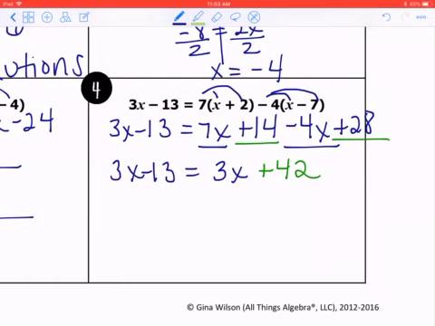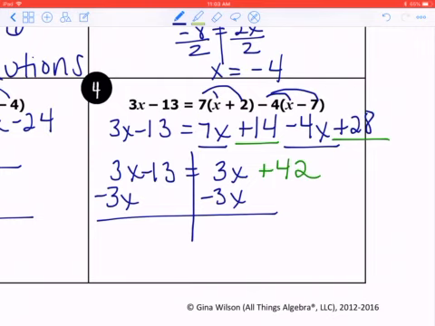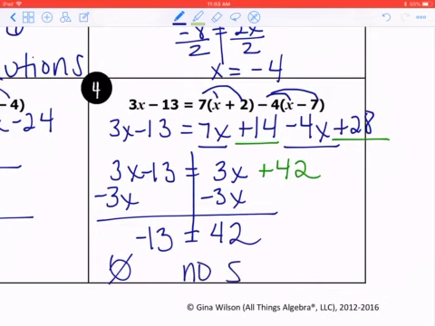Now we have variables on each side of the equal sign, so I need to start solving. They're both positive, so I will subtract them. You have negative 13 equals 42, which we all know is not true, so it is no solution.